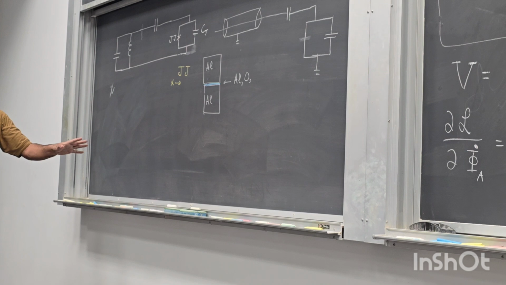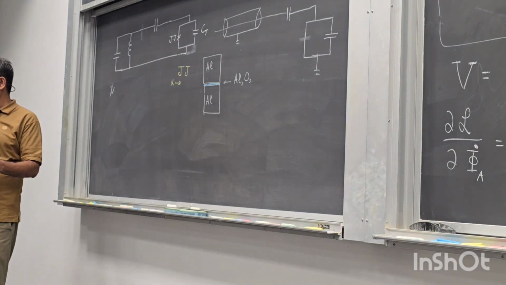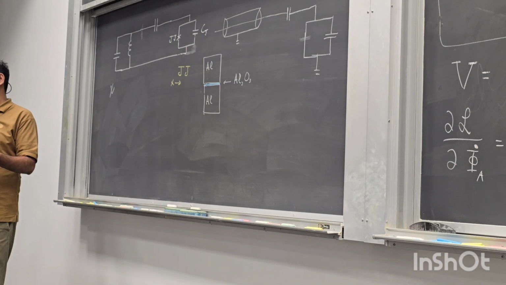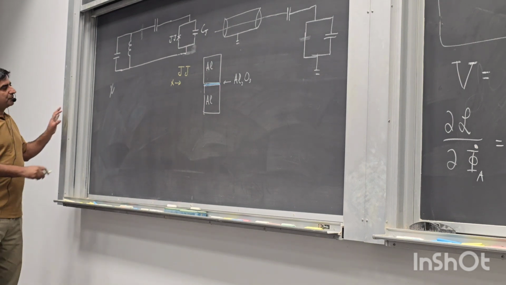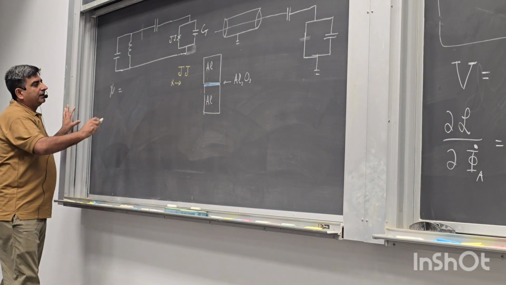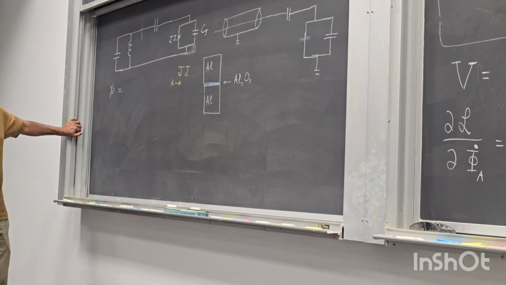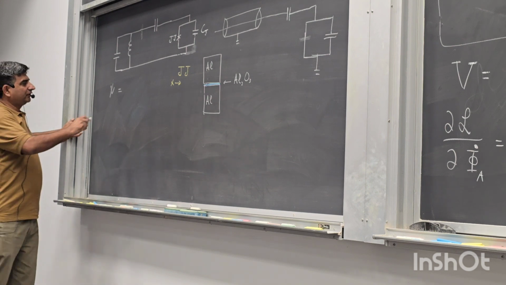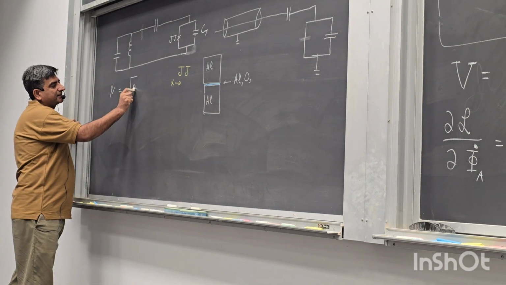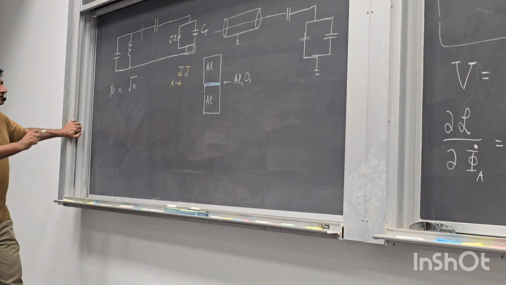So all of those fermions that are contributing to superconductivity are described by a big wave function, a macroscopic wave function. That macroscopic wave function, let me write, you know this as psi. The modulus square of this is the number density of Cooper pairs. So the magnitude will be, let's approximate this as the square root of the number density of Cooper pairs, and some phase.